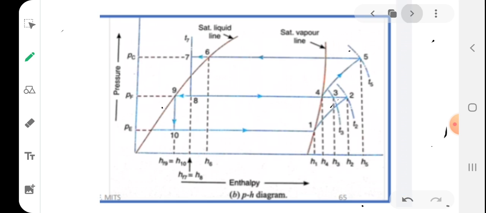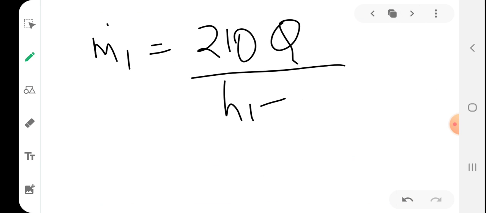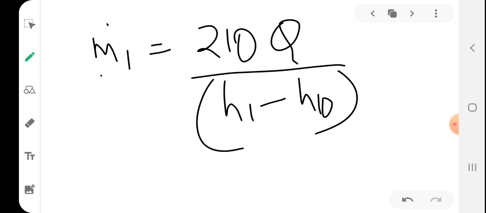The refrigeration effect here is between 1 and 10, so H1 minus H10. M1 dot into (H1 minus H10) will give 210 into Q. Thus you can obtain M1 dot.